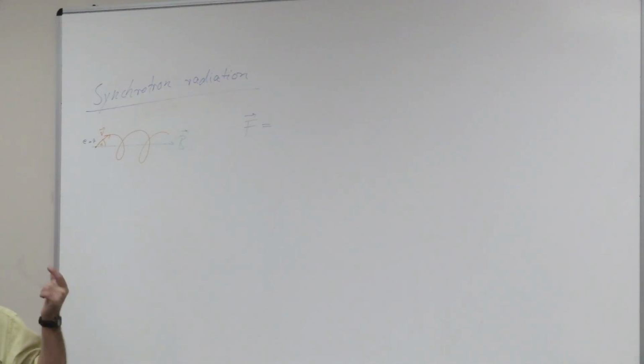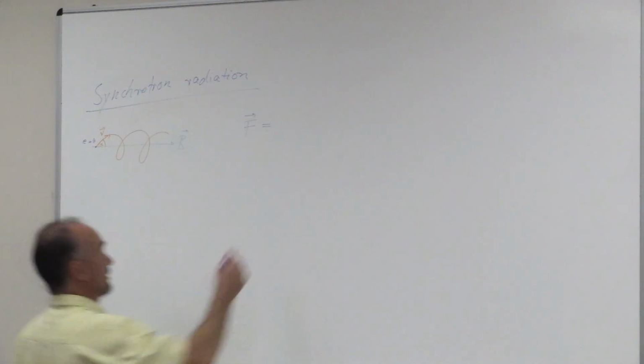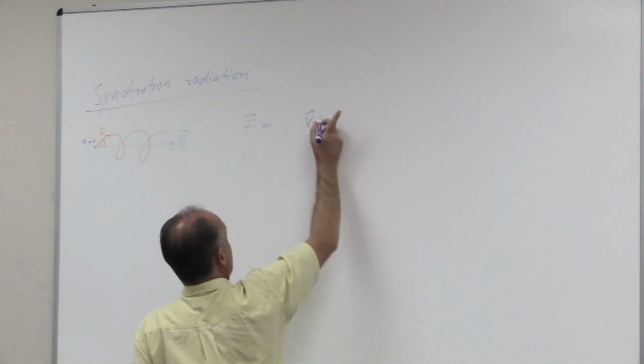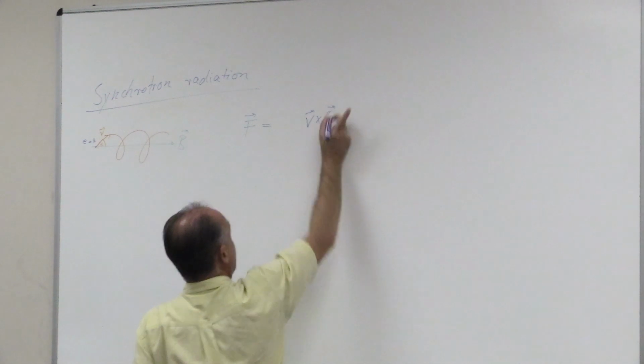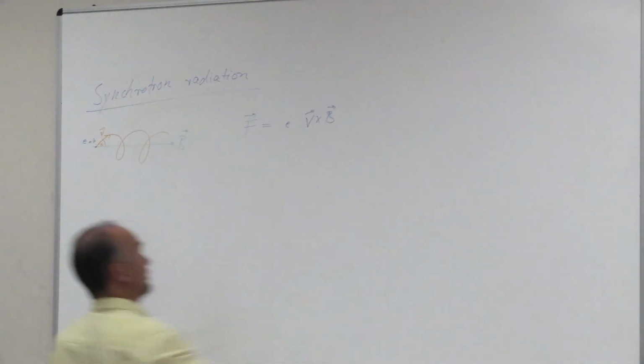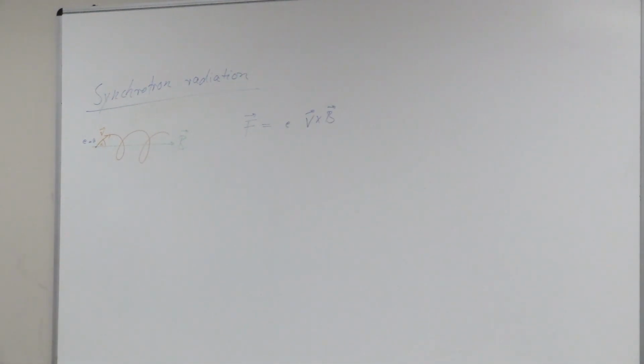The Lorentz force, that's the first thing that everybody needs to remember. In what direction is it pointing? If you have velocity v and some magnetic field B, it's perpendicular to that, it's the cross product. So there is just v cross B, and simply the charge times that.